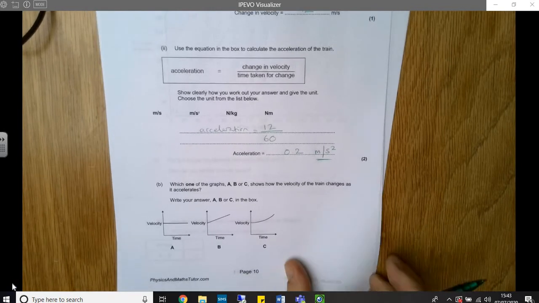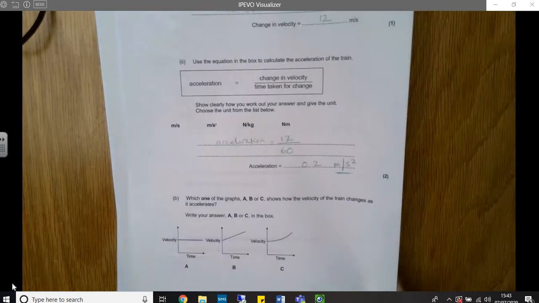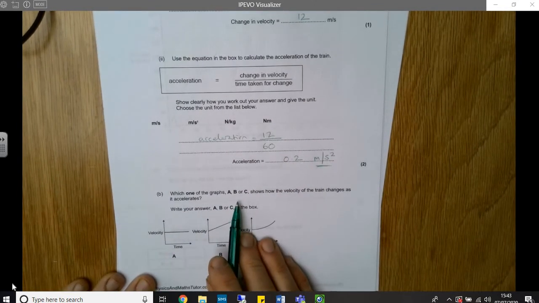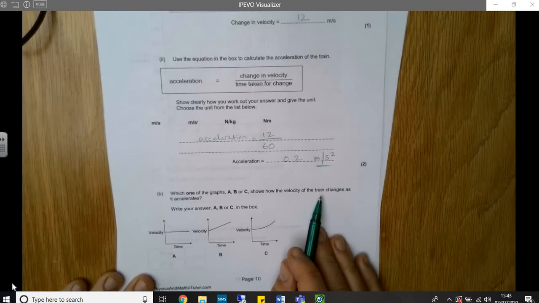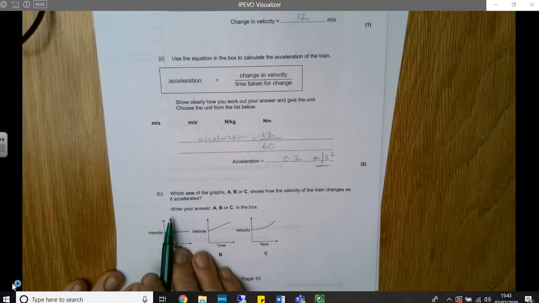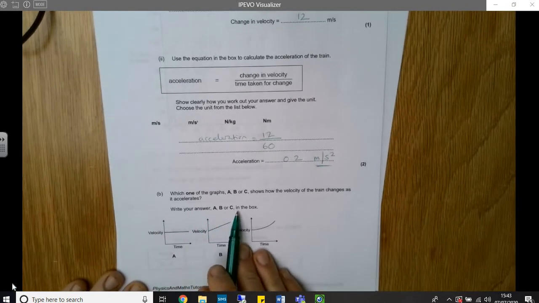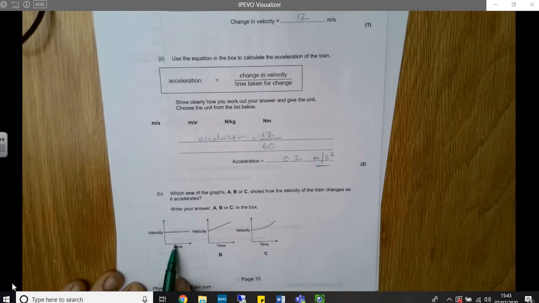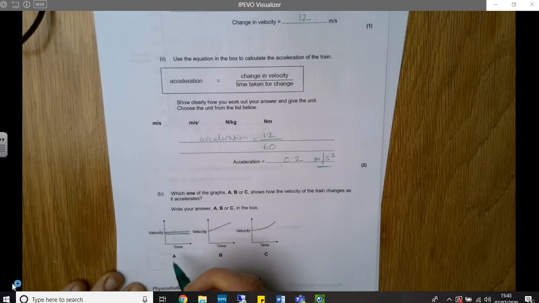Okay, I think this is the last question. Says, which one of the graphs A, B or C shows how the velocity of the train changes as it accelerates? Write your answer A, B or C in the box. So you can see that this is a velocity time graph, okay, so here we've got constant speed or constant velocity, so it's moving.